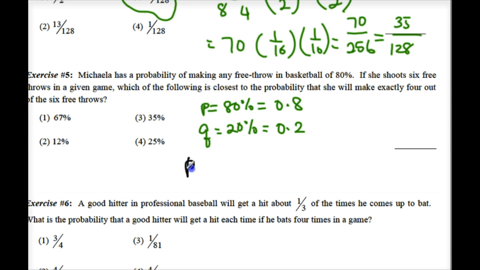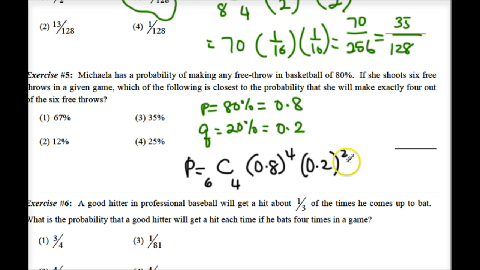So we want to know, she's shooting 6 times. We want to know 4 out of 6, and then her success is 0.8 to the 4, and then 0.2 to the 2. All of this will work out to be 0.2457.